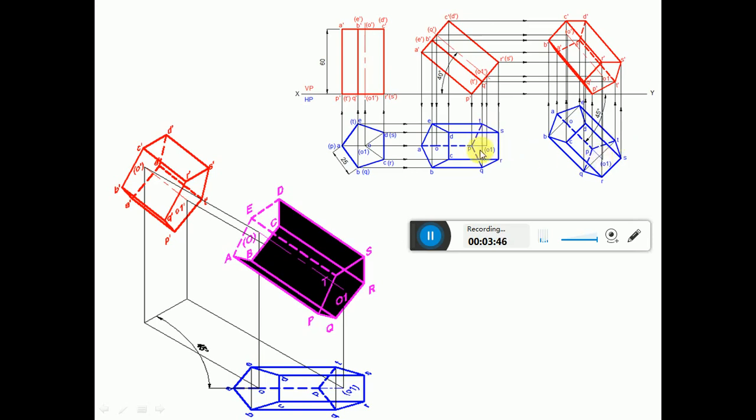Since QT is perpendicular to the OO1 line, from this point you measure an angle of 90 degrees with respect to this inclined line OO1 and then draw a perpendicular line. Then again you measure the distance from this point to Q and also from this point to T, which are going to have equal distances, and transfer it to the left side to get Q, and to the right side to get T.